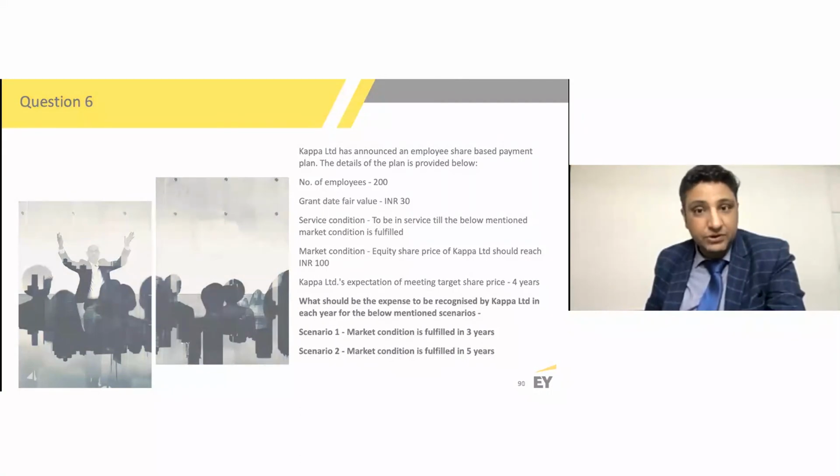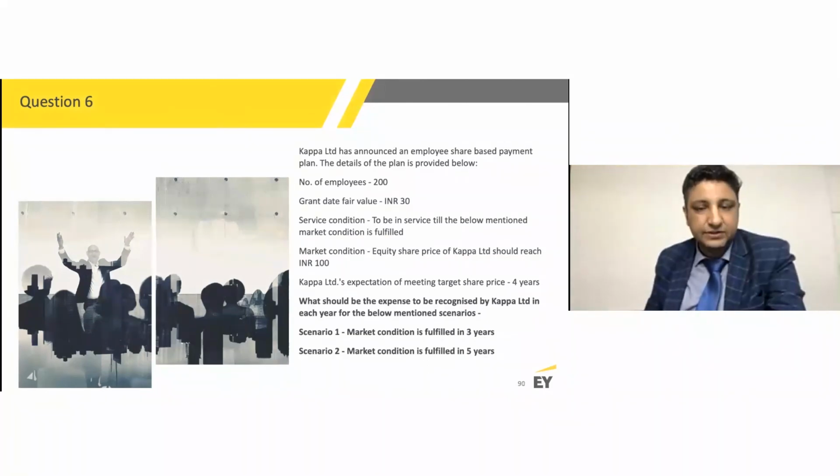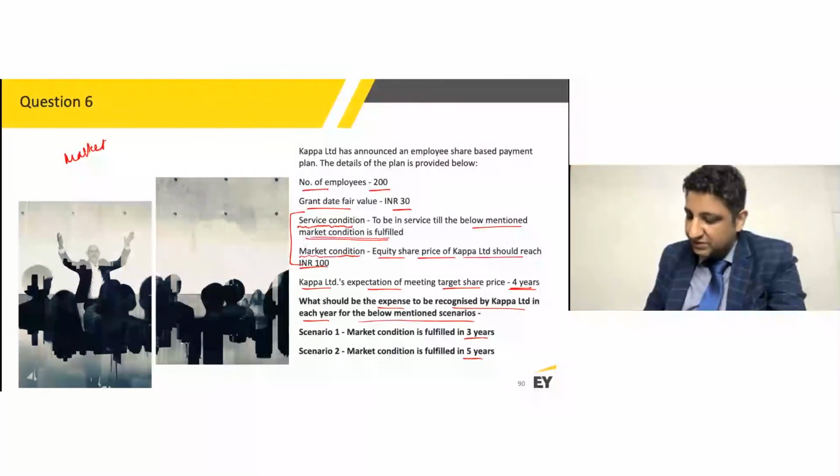Now, think about it like this. We are saying if there is a market condition, we do not change the accounting for the costs under the share-based payments, right? This value of 30 rupees takes into consideration that market condition.